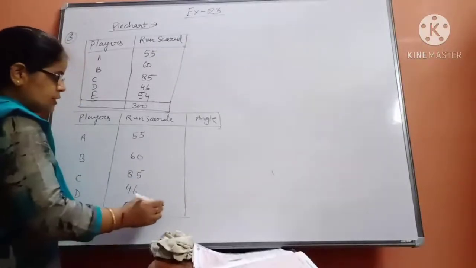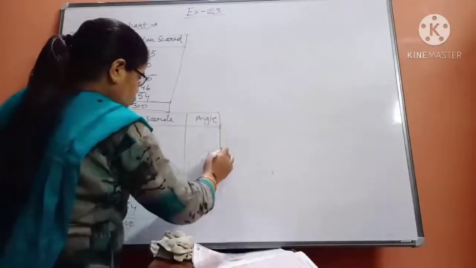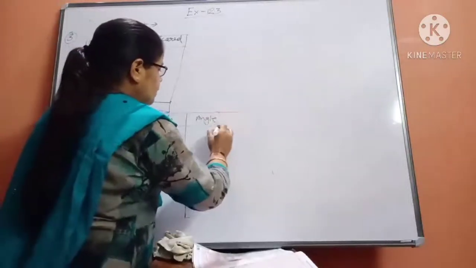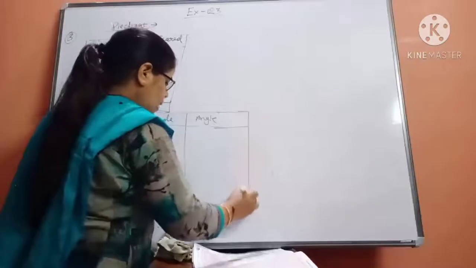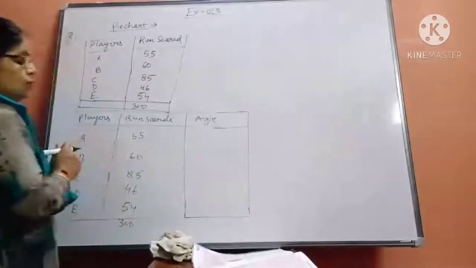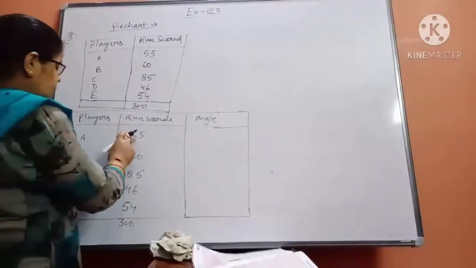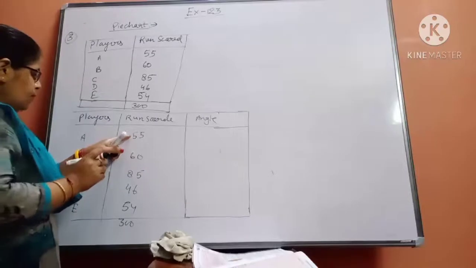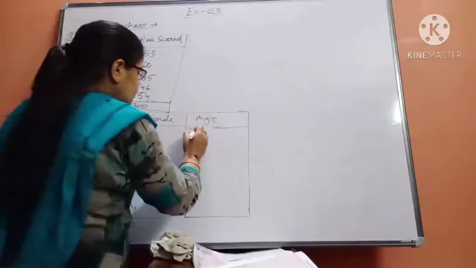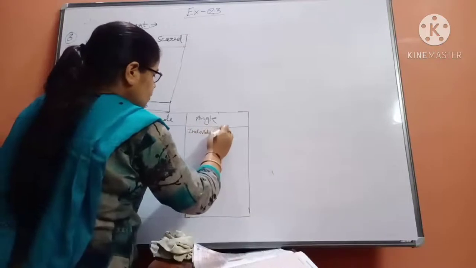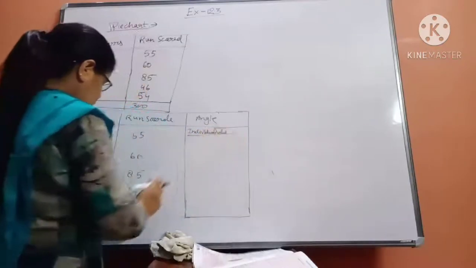I am just generating one formula for you so that you can understand the topic in a better way and you will not have any problem. This is my own generated formula. How will you do this? Just see, this is individual. A has an individual score. How many runs has he scored? 55. So you just write the individual value divided by total.